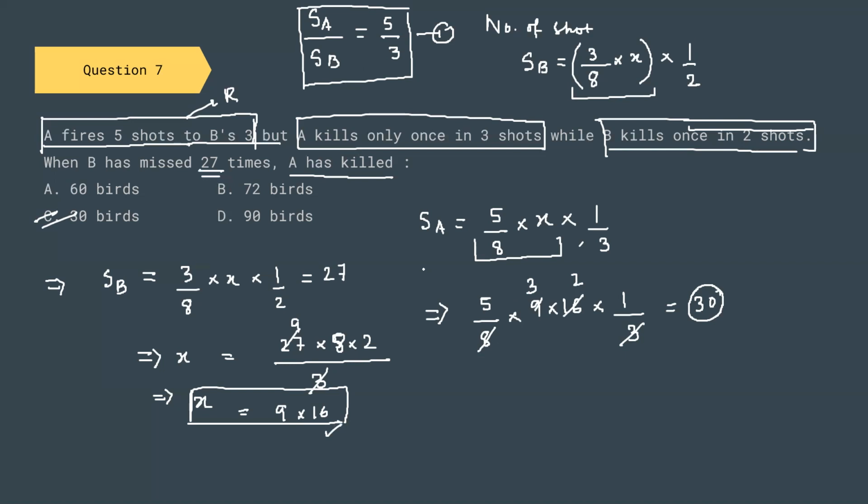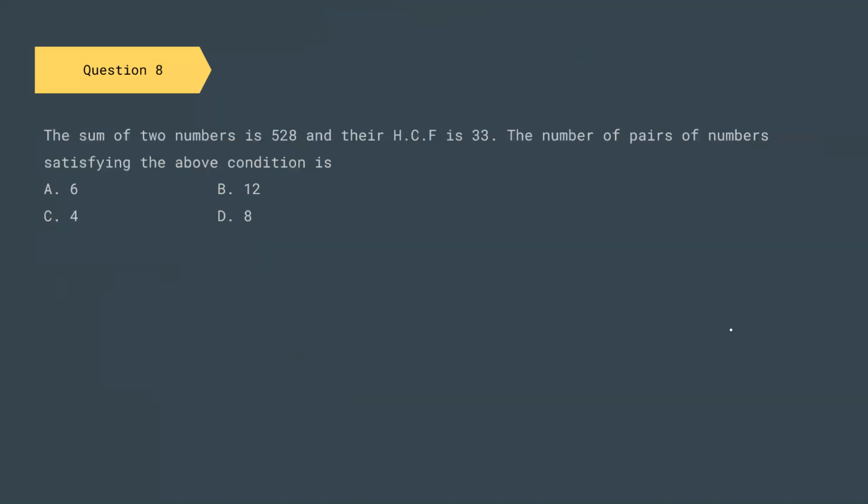Then using this similar situation, we can find out the total shots actually done by A, and out of these shots, how many were used to kill birds, and the result is 30. So once we are done with this question, let us move on to the next question.